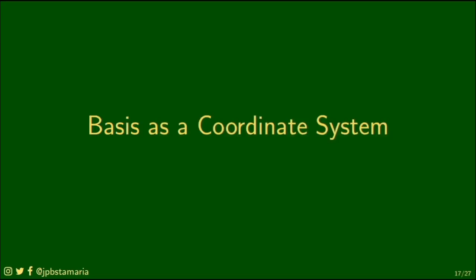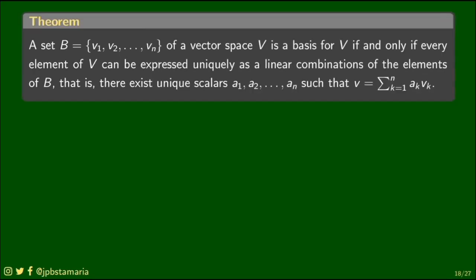So the next aspect of a basis that we need to talk about is the basis as a geometric object. Actually, a basis, in layman's terms, is just a set giving a coordinate system to a given vector space in some sense. Let me tell you about this property of a basis.